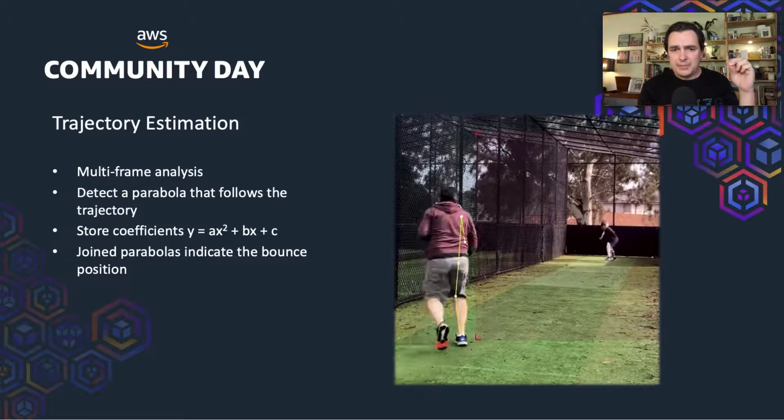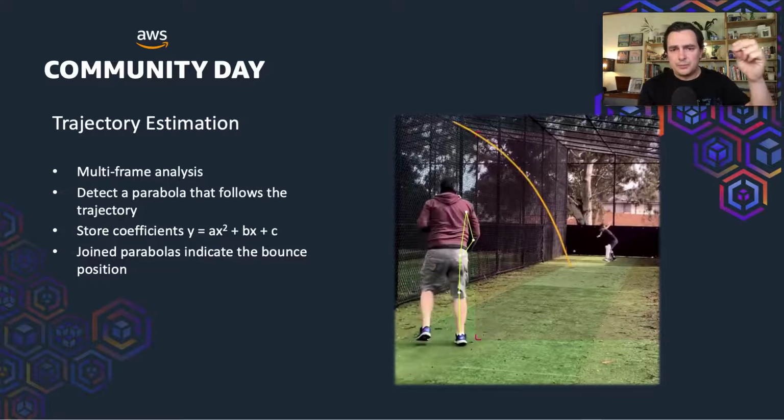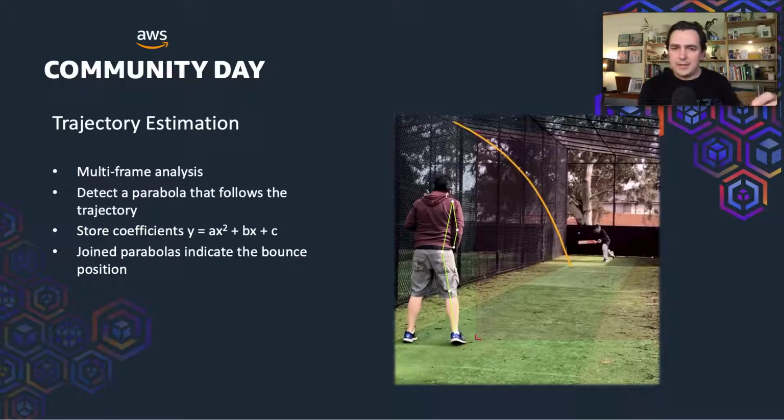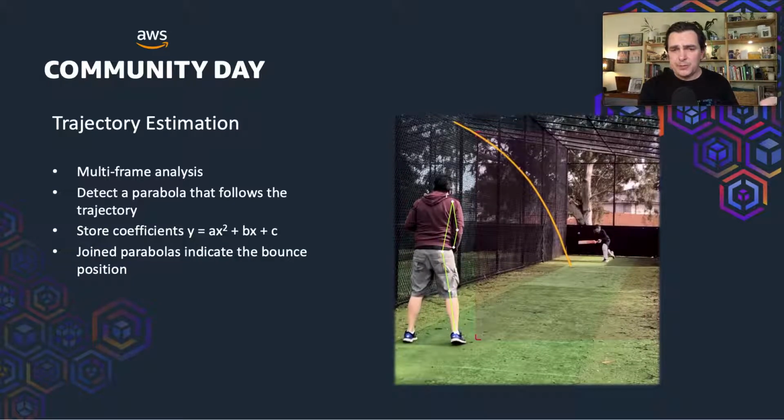We're even able to detect a second bounce, so a second parabola where it goes from down to back up again, and that point where those two trajectories join is the point where that ball is landing on the pitch. And if you remember back to the earlier slides where I talked about how we want to judge how a player is bowling or batting, these are really good automated techniques for us to do that.